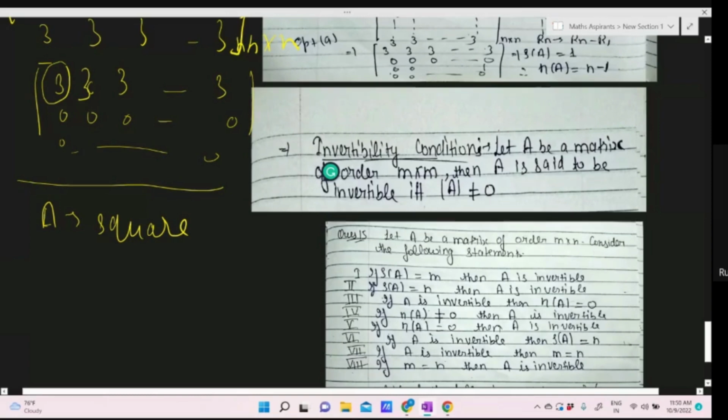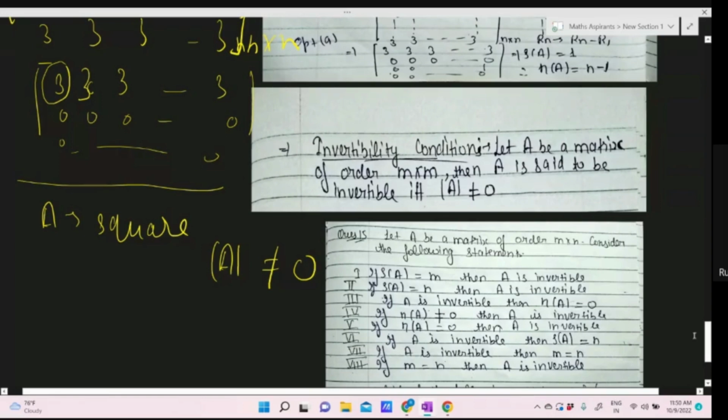A be a matrix of order m cross n. Now for A to be invertible, we must have determinant of the matrix A not equal to 0.